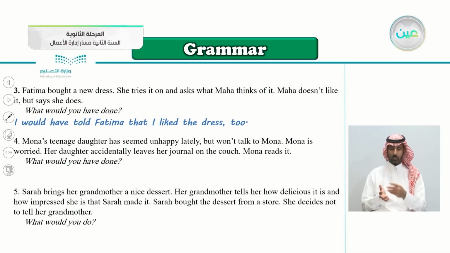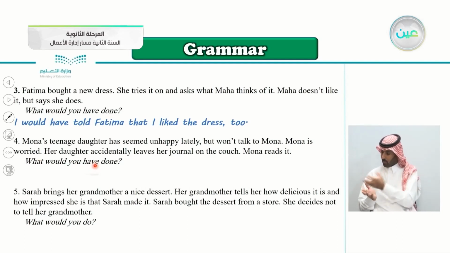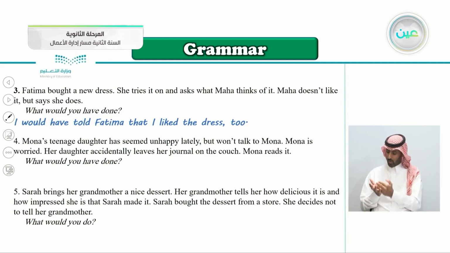Number 4, Mona's teenage daughter has seemed unhappy lately, but won't talk to Mona. Mona is worried. Her daughter accidentally leaves her journal on the couch. Mona reads it. So what would you have done? Would you do the same as her mother and read her daughter's journal or not?